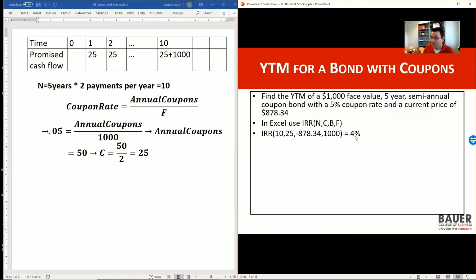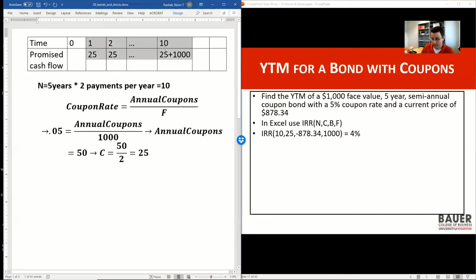Now here's a little bit of a trick. Remember that the yield to maturity is quoted annually, but these coupons are occurring every 6 months. So you have to keep it straight in your head. Each of these periods is 6 months, so the discount rate that works here is a 6-month rate. So let me write that down.